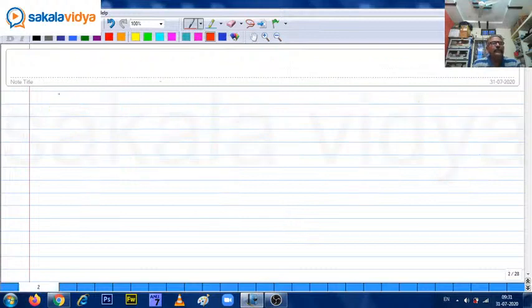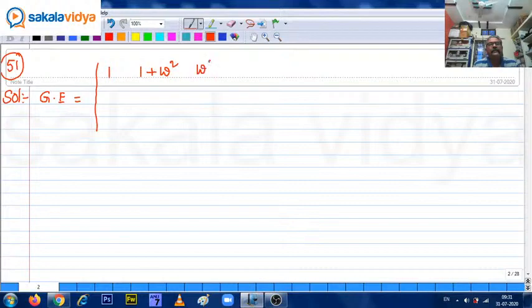Solution 51: the given expression is the determinant of 1 plus omega square, 1 minus I, minus 1; omega square minus 1, minus I, minus 1 plus omega, minus 1.